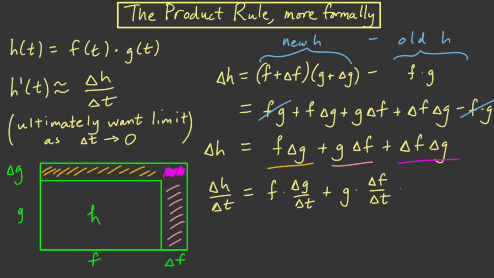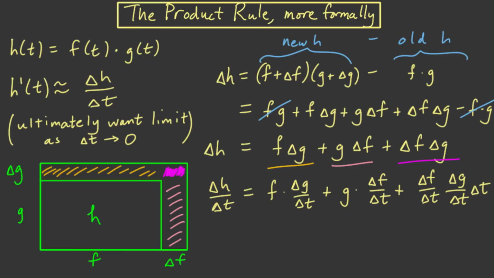And the last term, I'm going to do something funny here. We've got delta f over delta t. That's our dividing by delta t. And then I'm going to put delta g over delta t again. And then that's an extra delta t in the denominator, so I have to multiply by delta t. So that's how I'm going to write that.